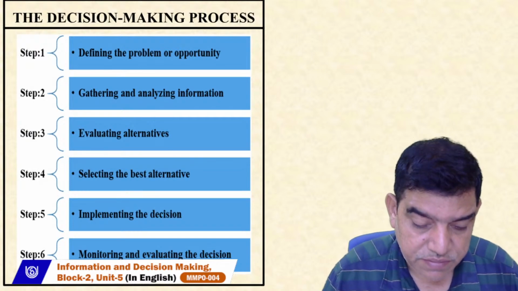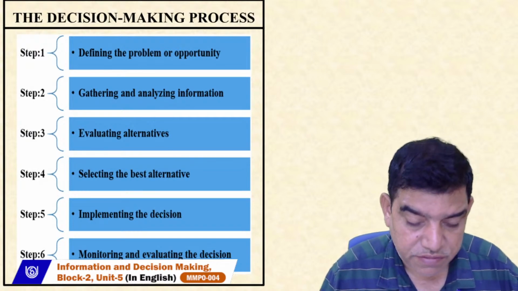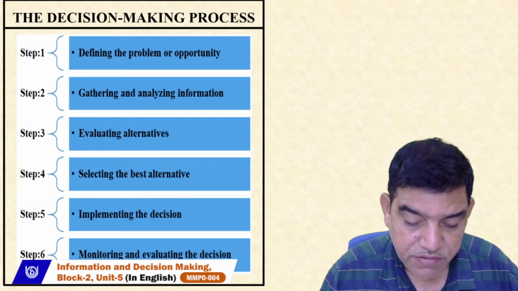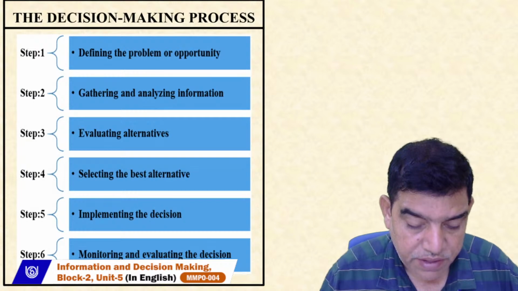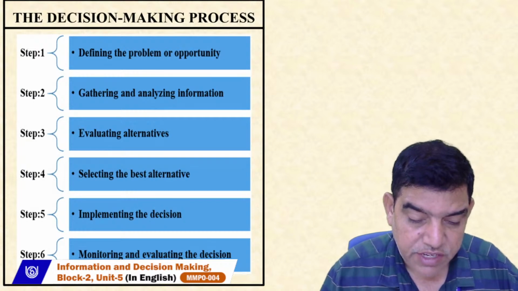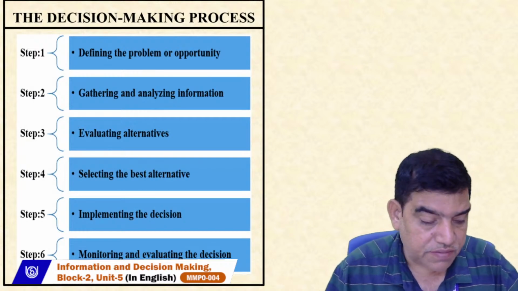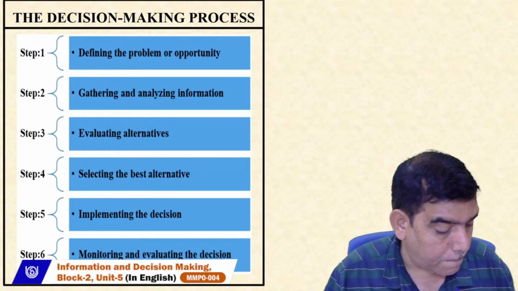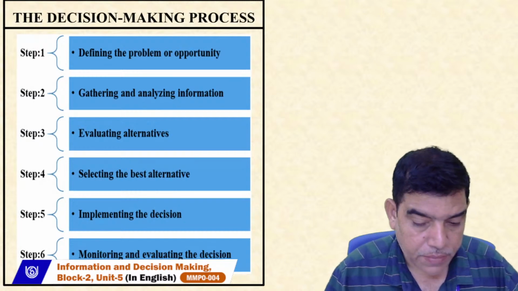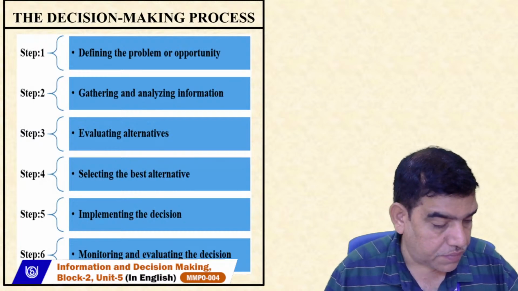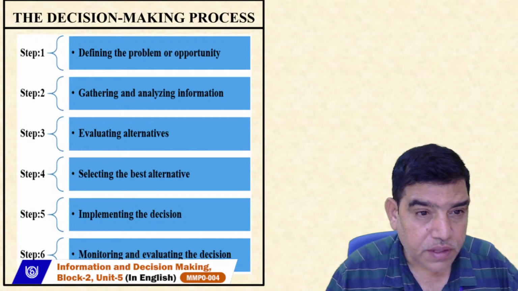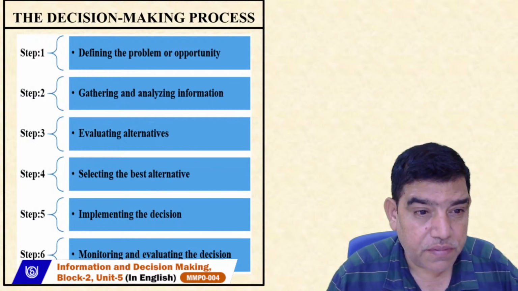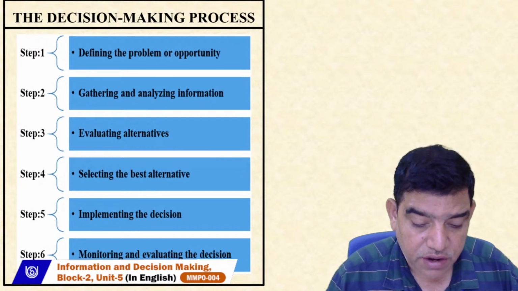Evaluate the risk, analyze the trade-offs, then consider the feasibility of each alternative, then make a choice. So these are the common factors for evaluating alternatives and selecting the best alternative.